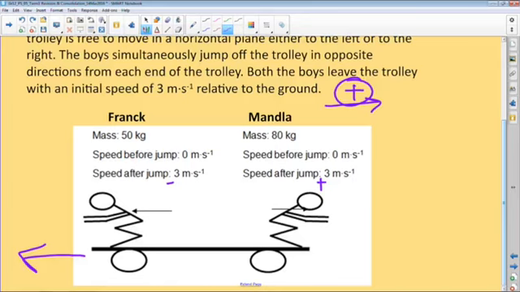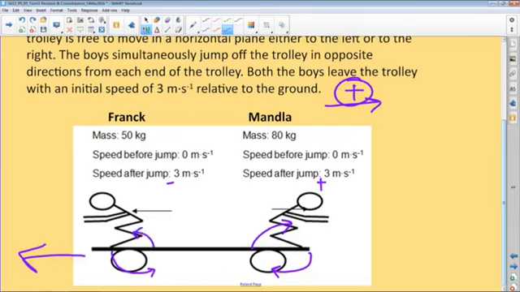Remember, and this has to do with Newton's third law, when Mandla jumps off the trolley, he's going to push backwards onto the trolley. At the same time, the trolley will push forwards on him. It's Newton's third law. Frank will push backwards on the trolley, and at the same time, the trolley will push forwards on Frank.